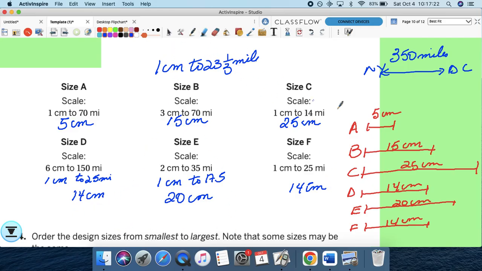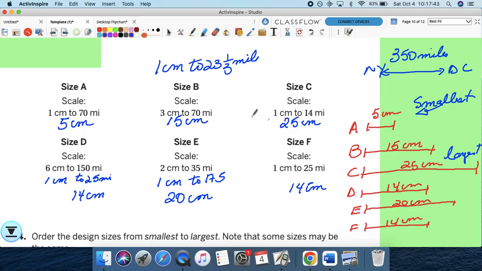If I were to represent New York and DC in my notebook, which scale would give me the smallest representation? It would be A. The largest one would be C. So this would be the smallest design, and this would be the largest design.